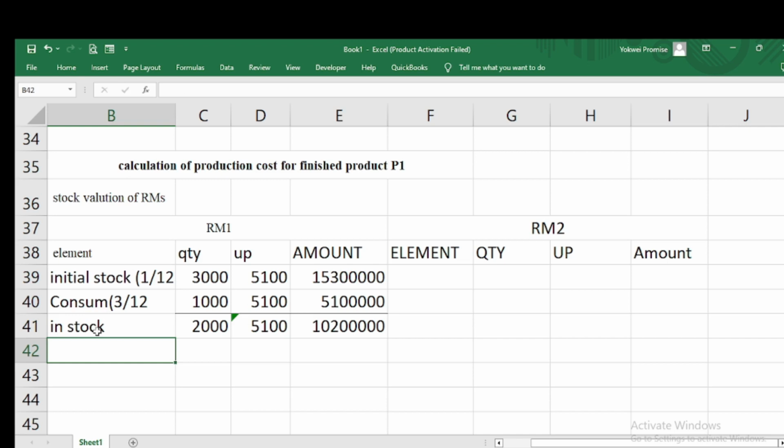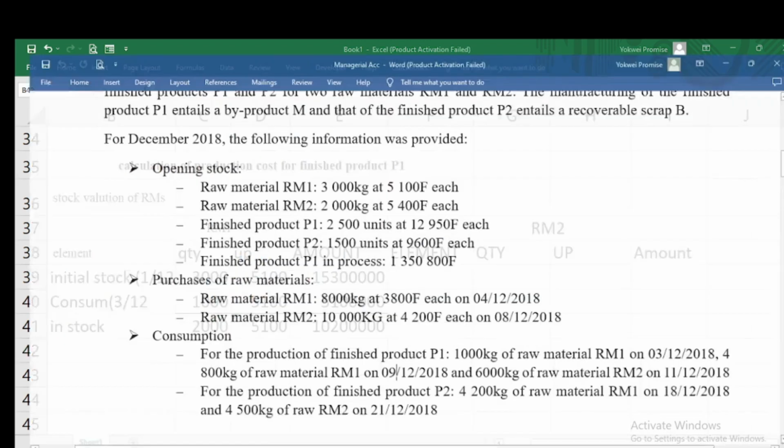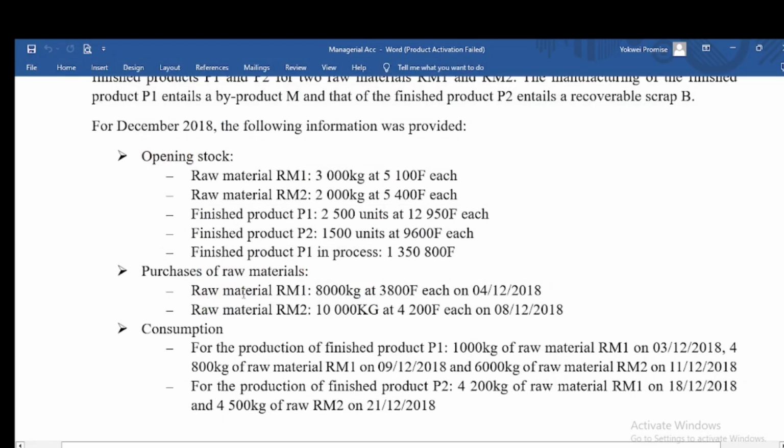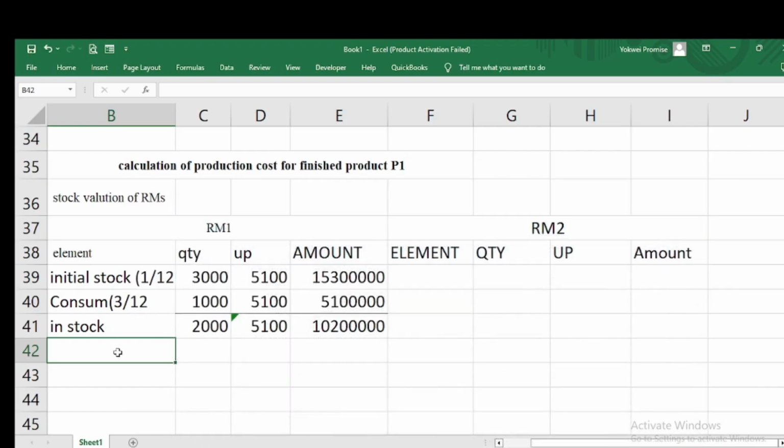Alright, the next thing is on the 4th, they make those purchases. On the 4th, they make purchases of 8,000.